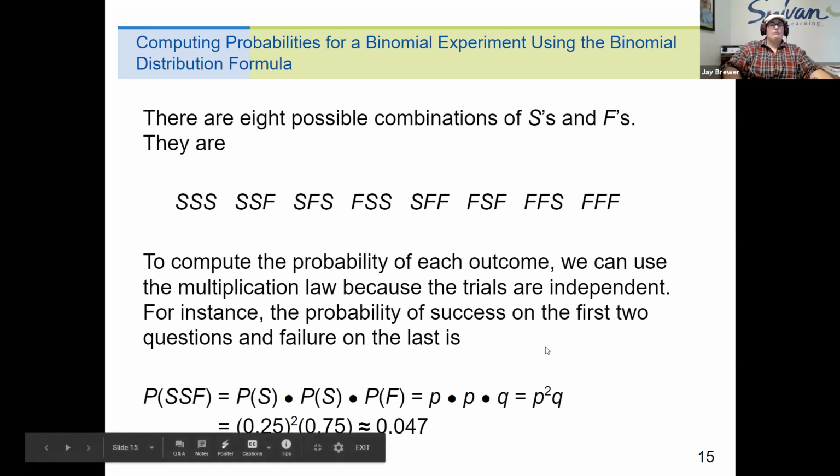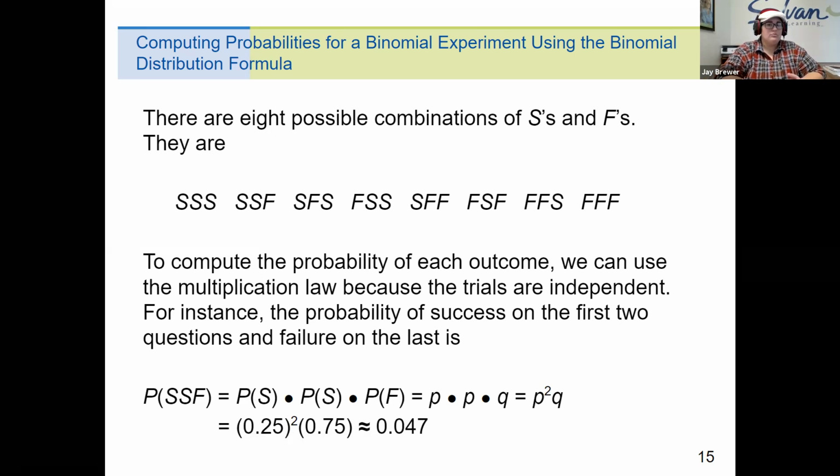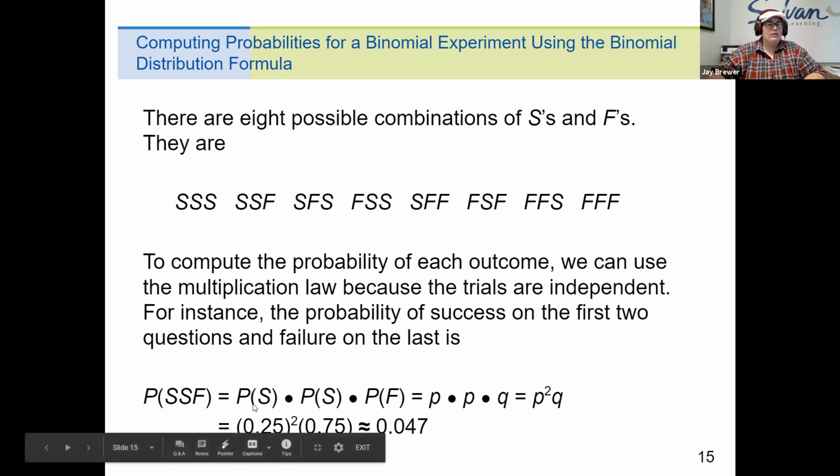To compute the probability of each outcome, we can use the multiplication law because the trials are independent. For instance, the probability of successes on the first 2 questions and failure on the last is the probability of success times probability of success times probability of failure, or p squared times q.